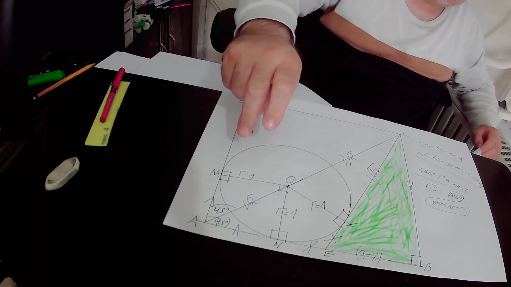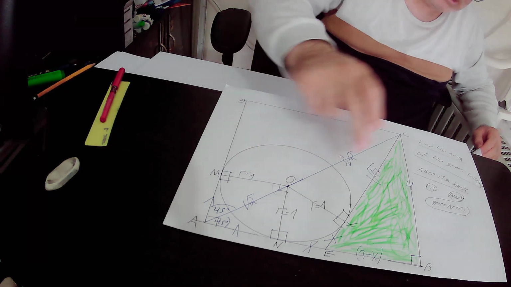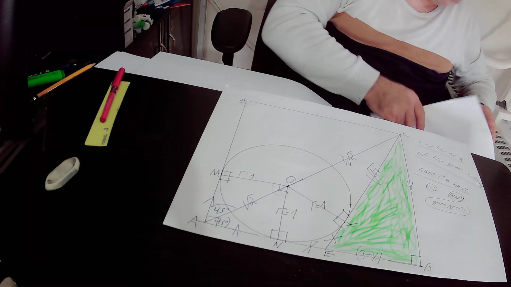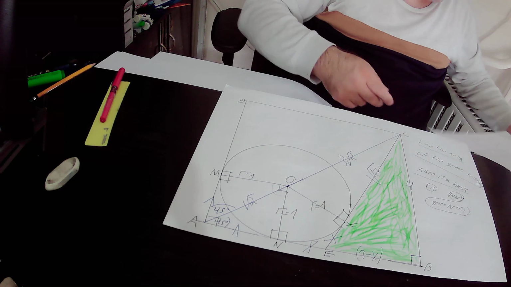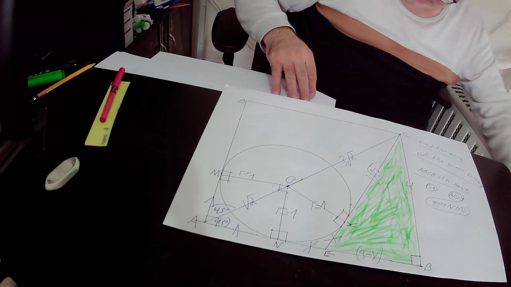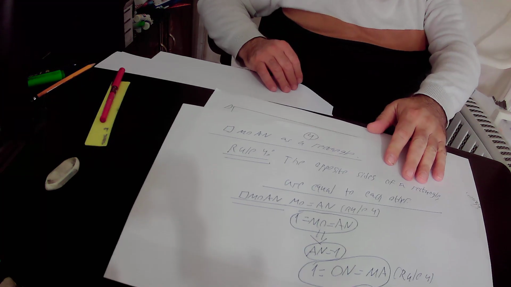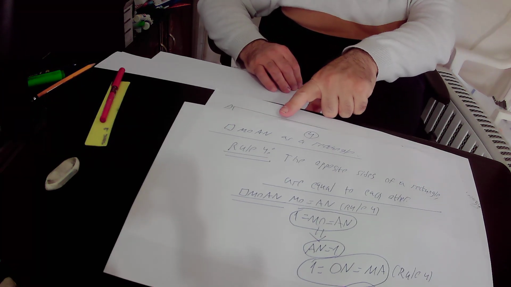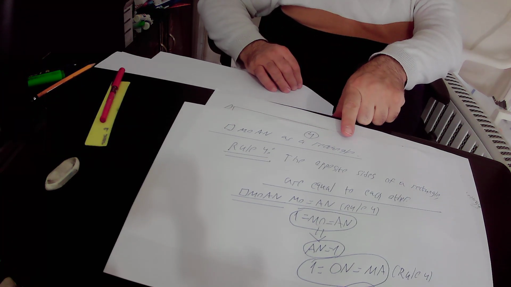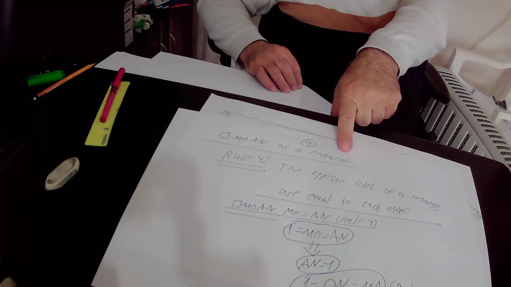So we will relate to quadrilateral MOAN as a rectangle. I will repeat again. We will relate to quadrilateral MOAN as a rectangle because it has 4 right angles, and according to rule number 3, it must be at least a rectangle.